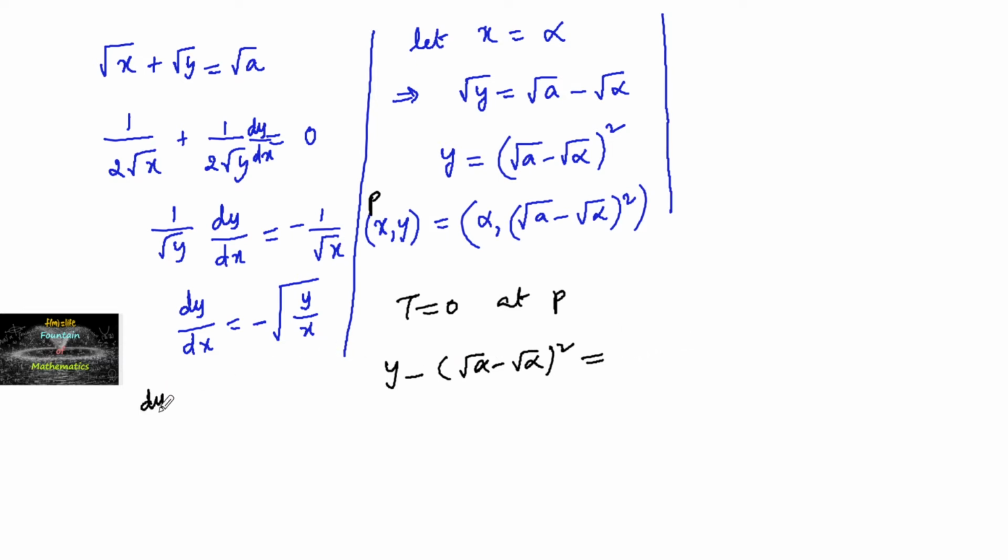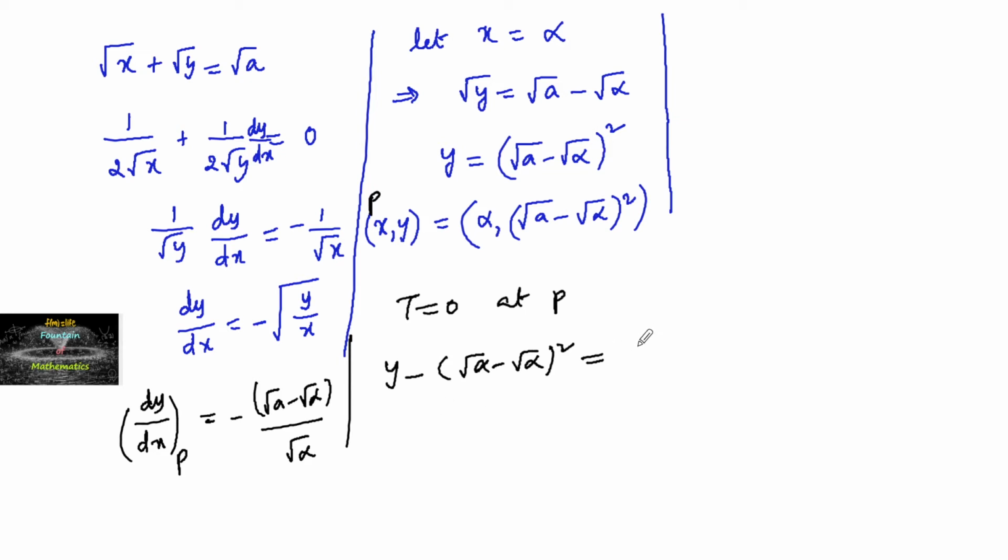Also let's write dy by dx at point P is equal to minus, and the root of this whole square will become root a minus root alpha divided by root x, that is root alpha. So this is the slope at a point.